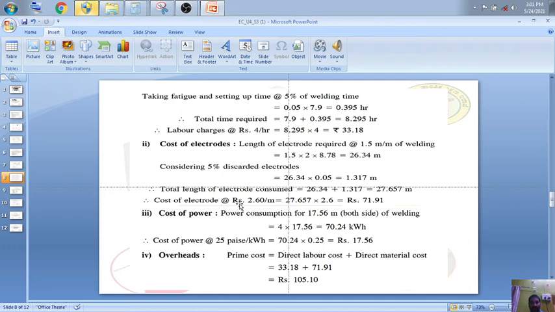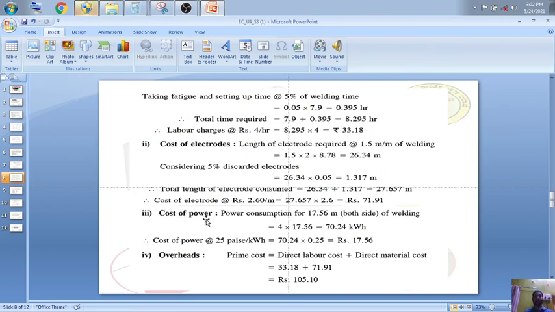The cost of electrode is rupees 2.6 per meter. So 27.657 multiplied by 2.6, the cost of the electrode will be 71.91.